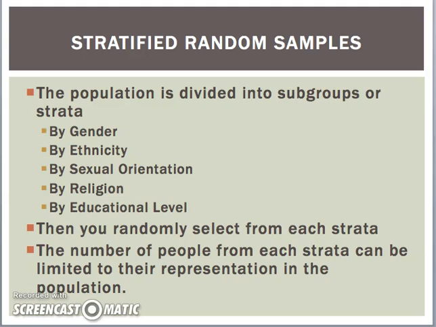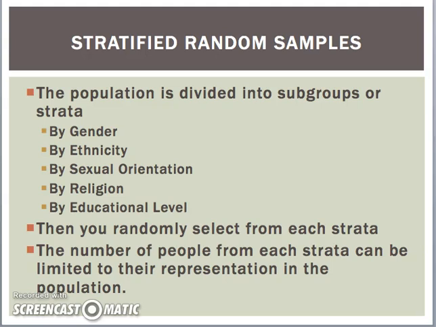You can do this by gender, by ethnicity, by sexual orientation, by religion, by educational level. So you divide out your groups and then you randomly select from each strata. And usually the number of people from each strata can be limited to their representation in the population.